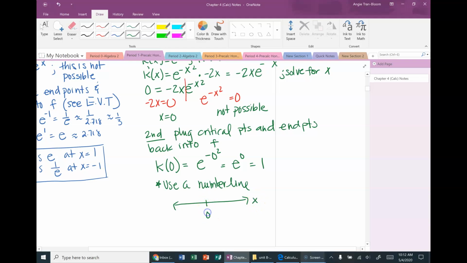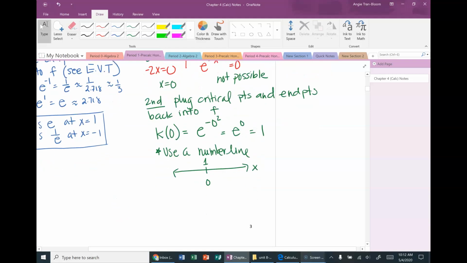X was at 0. And we know k was 1, so the y value was 1. What we want to do is pick some extreme value, such as x is negative 100, which is the left side of 0, and x equals positive 100. You can pick negative 1, you can pick positive 1, you can pick anything to the right or left of 0. It doesn't really matter. You're just trying to see, hey, is it higher than 1 or is it lower than 1?